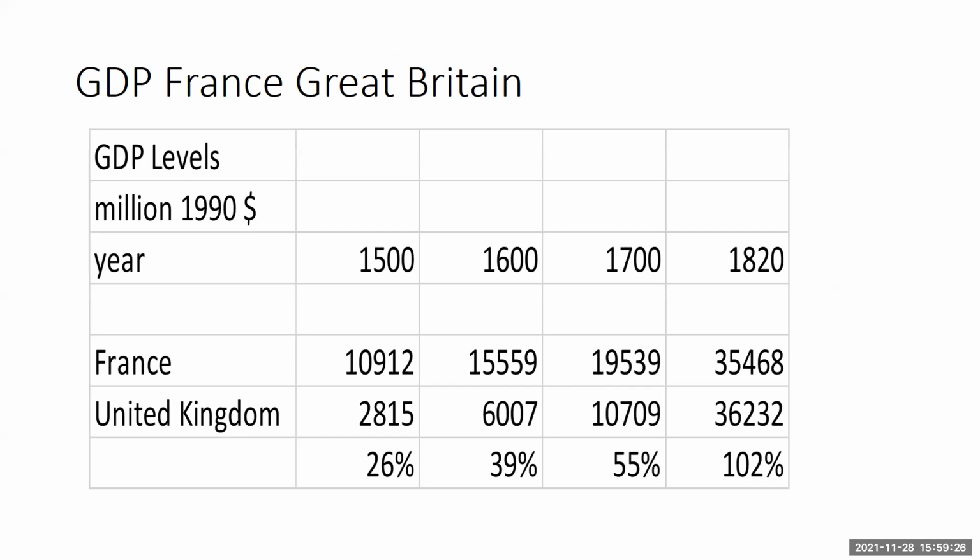On this table, we see that in 1500, the size of the British economy, as measured by the GDP, is a touch more than a quarter of the size of the French economy.